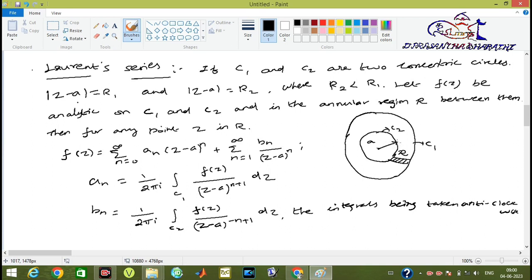Now they have given the distance between two points, R1 and R2. Here they have taken R2 less than R1. So I will take this to be R2, and R2 is the region covered by modulus of z minus a, that is, the radius, and this will be R1.